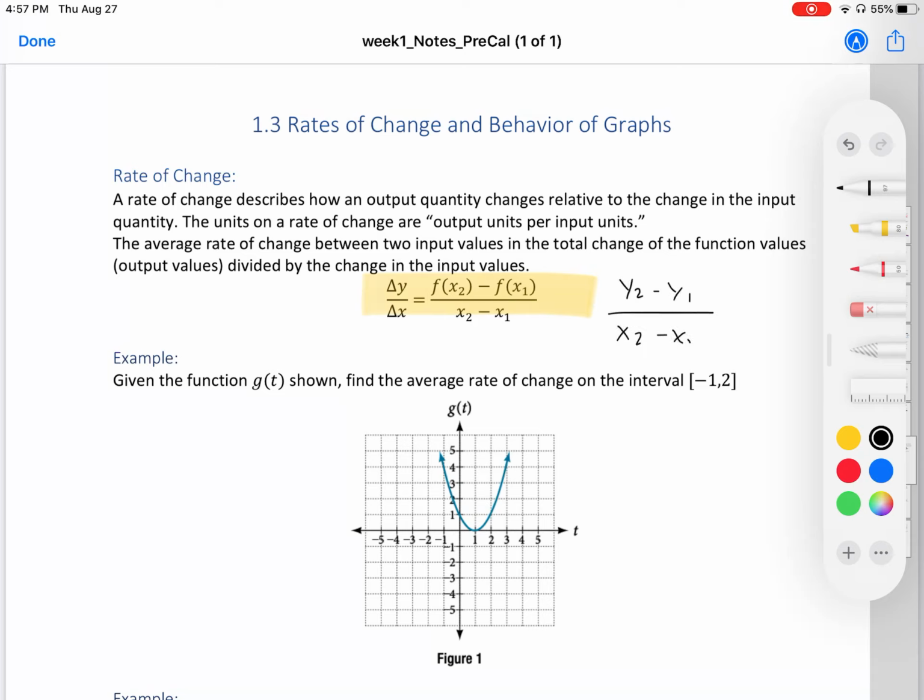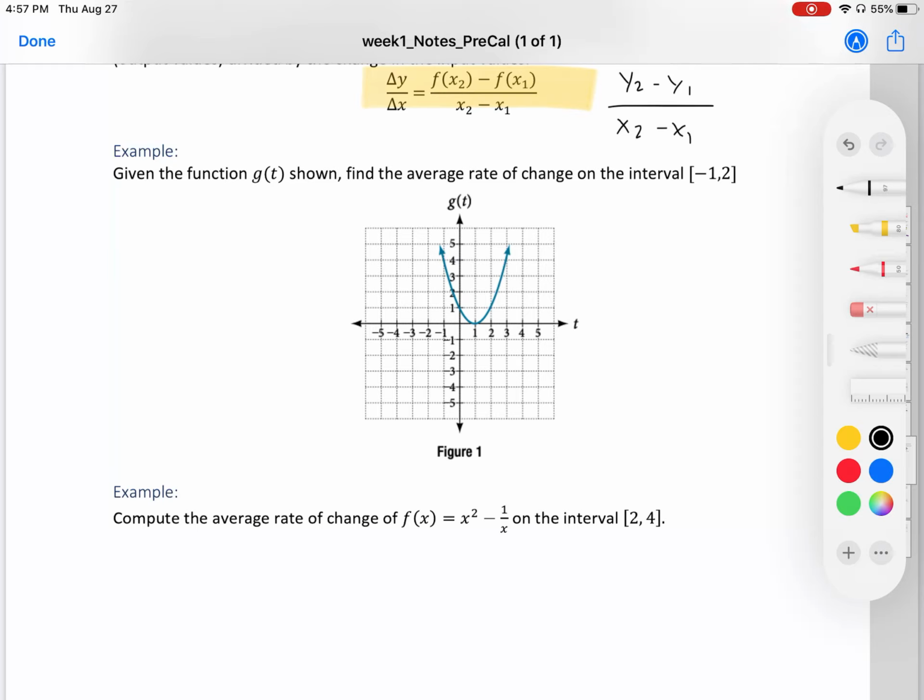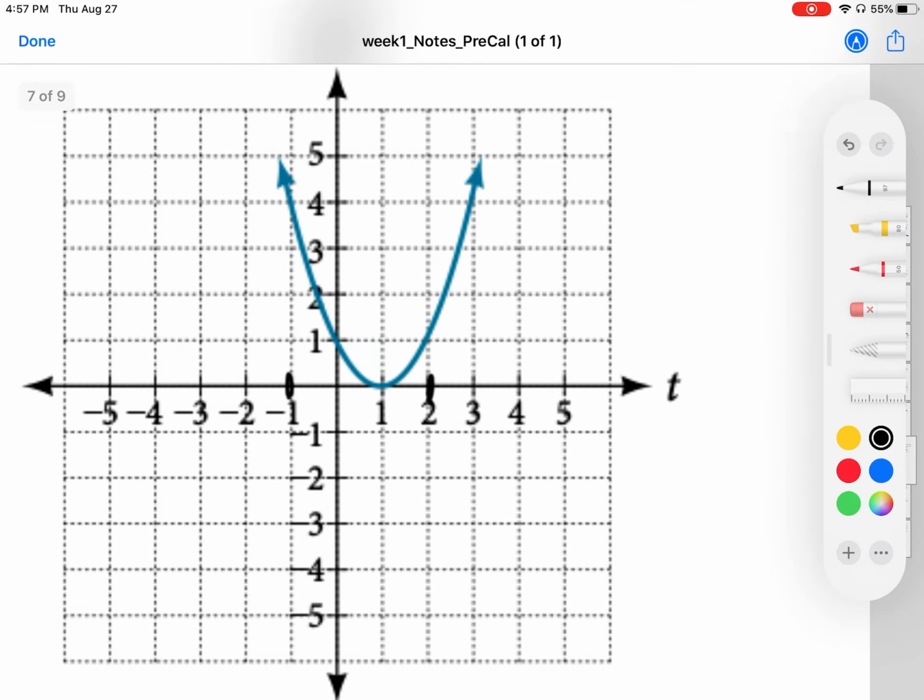All right, given the function g(t) shown, find the average rate of change in the interval from -1 to 2. So I have -1 and 2. Let's see what part of our graph that is.